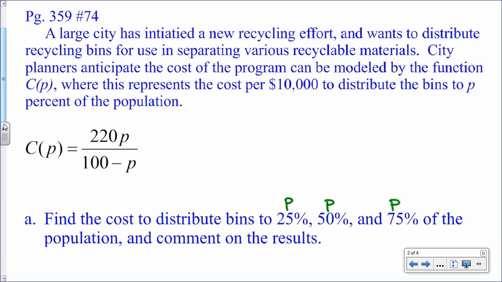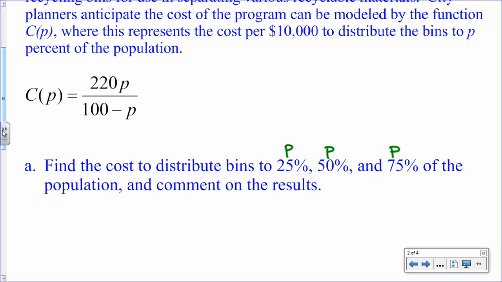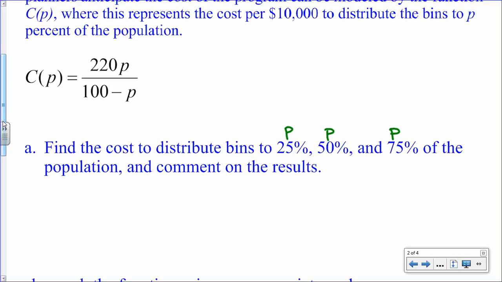So the first problem, I'm just plugging in 25, and then 50, and then 75 for P. So go ahead and calculate it, and then we'll talk about changing it so it's in 10,000. When you calculate this, because you need those to subtract first, use parentheses there in your denominator.